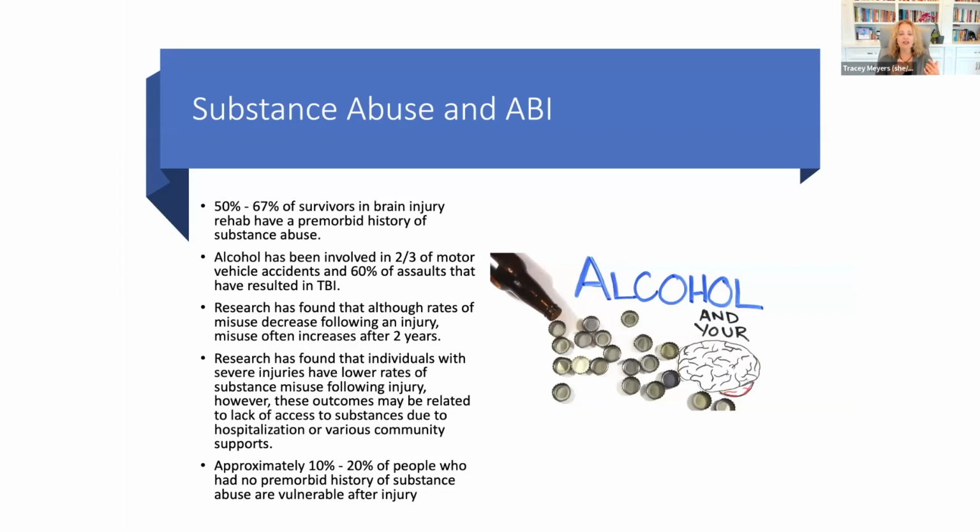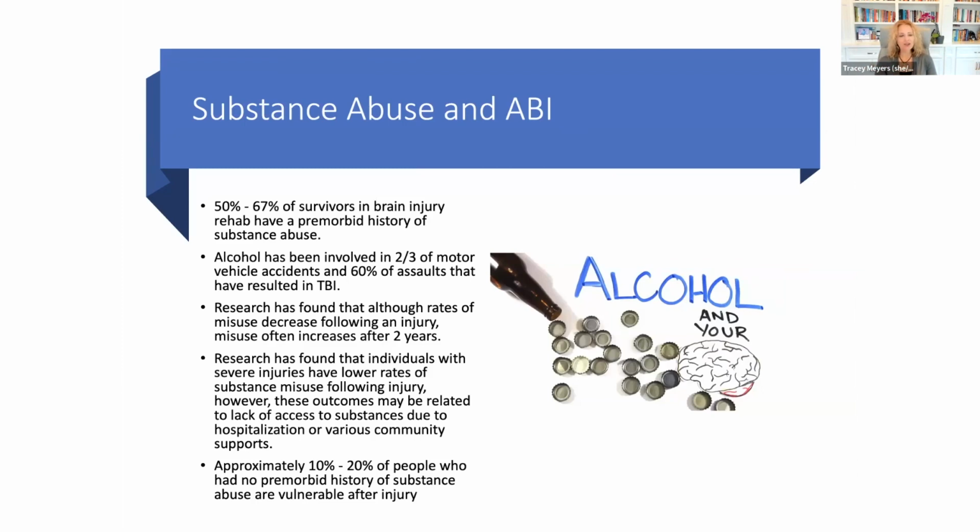So we actually want to really target our clients that have been in the community ongoing as a potential substance use population, right? We don't want to just look at someone stopped drinking in the hospital, so they should be fine. We know that the research actually shows they're more at risk and more vulnerable when they return into the community.